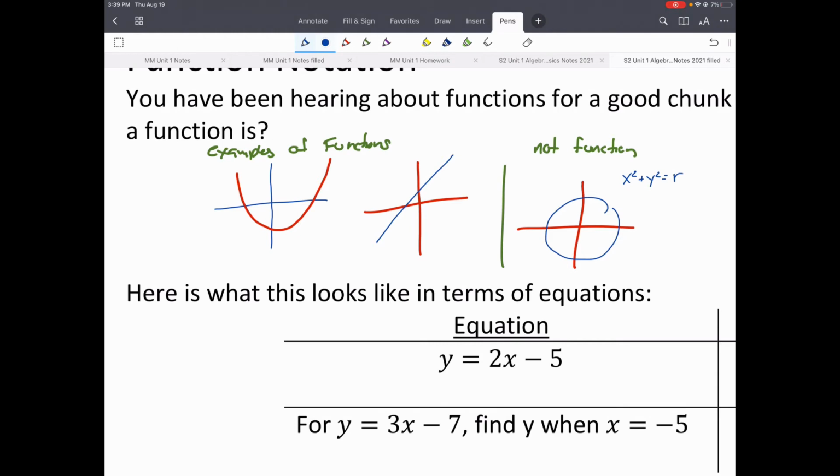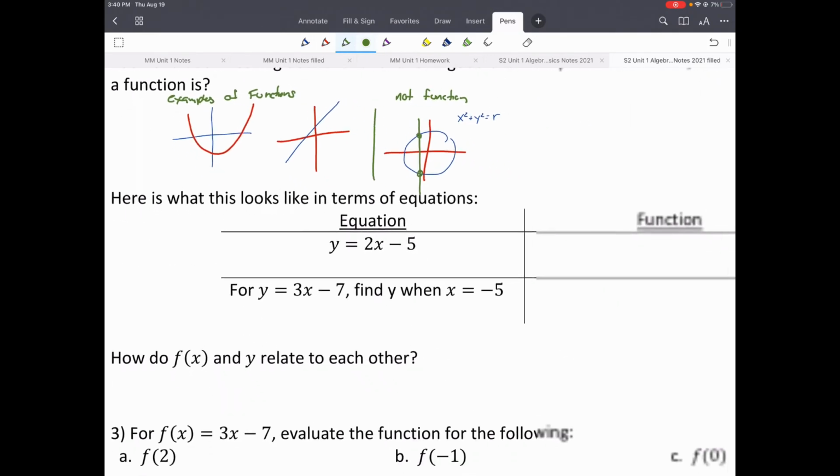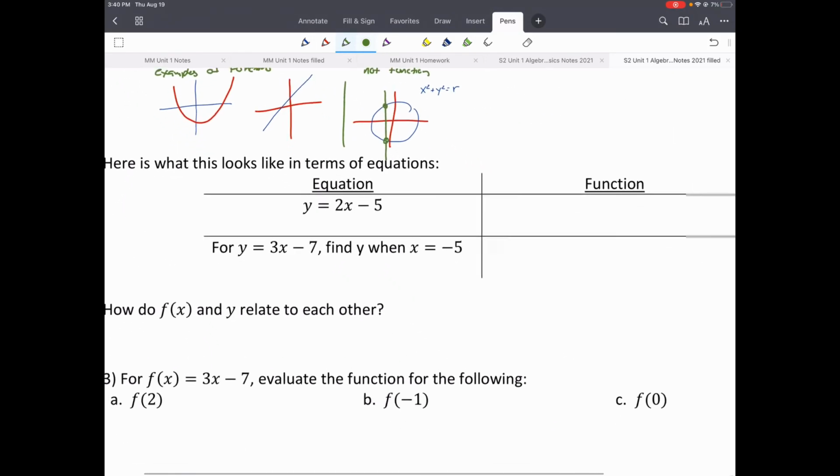Anyways, we won't be doing that for now. If we get to it this year, we will talk about circle equations. But this would not be a function. If you did the vertical line test, it would cross this twice, and so it's not a function. So that's what a function is and what it looks like.